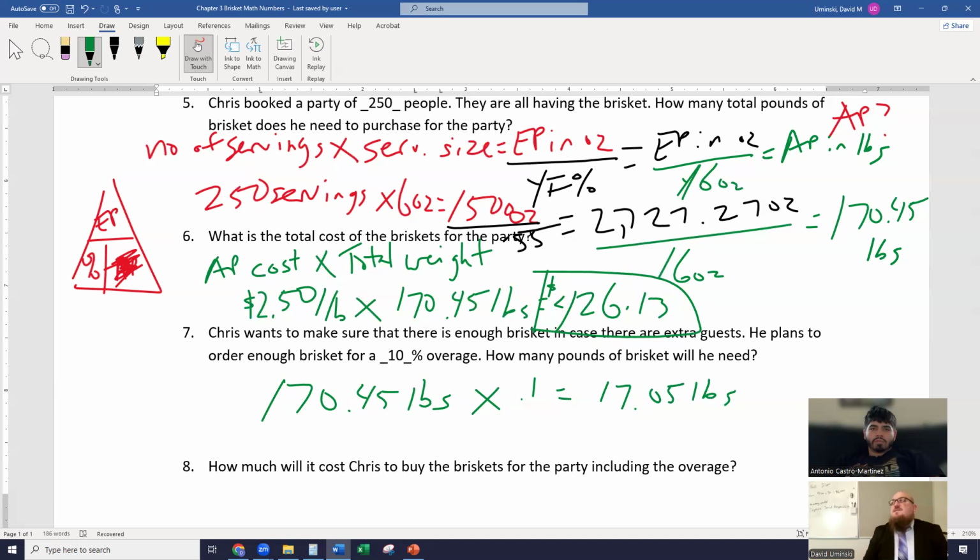That's the 10%. And now let's add it back to our original number. So my new number is 187.5 pounds. That's my 10% over.